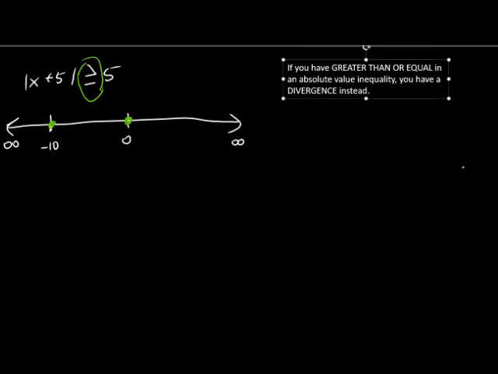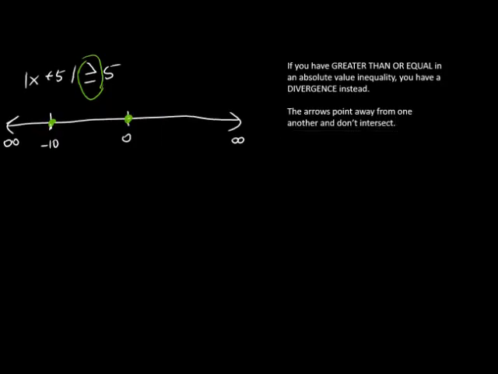This means that the arrows point away from each other in opposite directions, and there is no intersection. How that would look on the picture is that you'd have an arrow pointing from negative 10 toward negative infinity, and then another arrow pointing from 0 to infinity. So now you have two solution regions, A and B, which I'm labeling now. The part in the middle will not be part of the solution set.